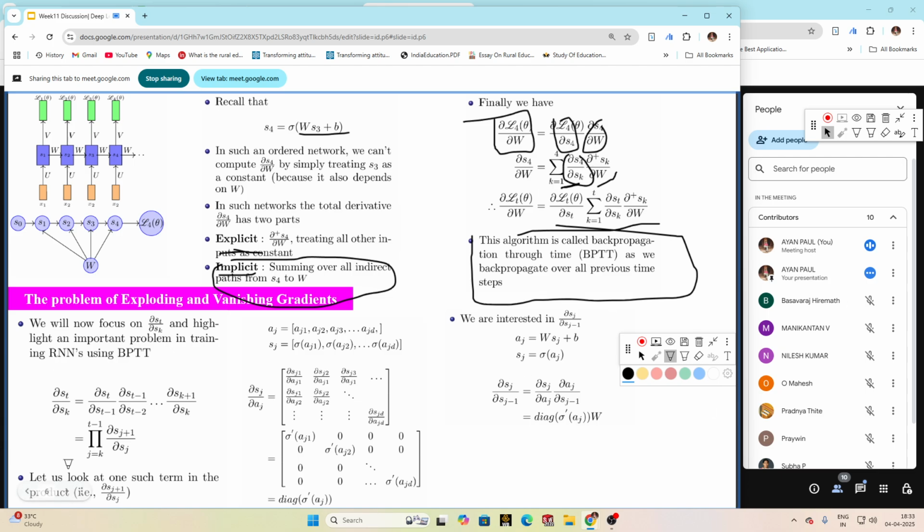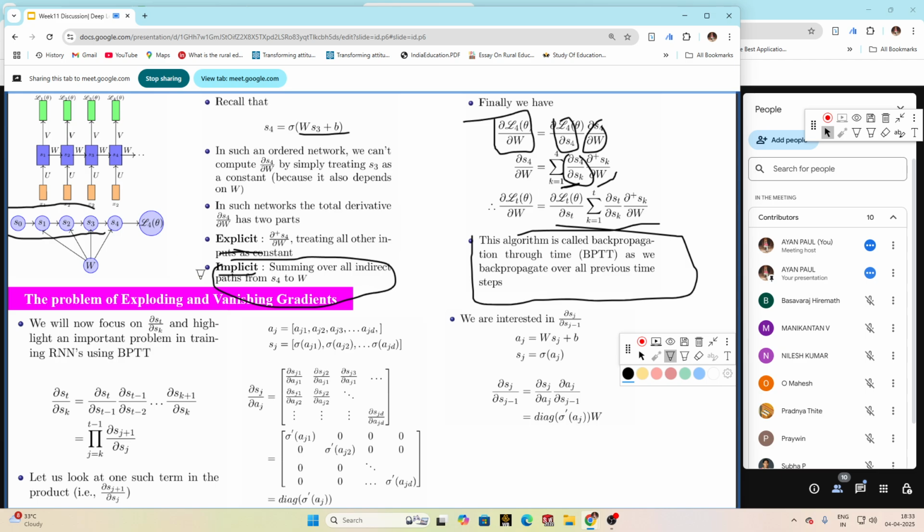It will take many differential terms: ds_t by ds_(t-1), ds_(t-1) by ds_(t-2), and so on until del s_(k+1) by del s_k. However many time steps there are, the differential of this implicit term will take all the states.